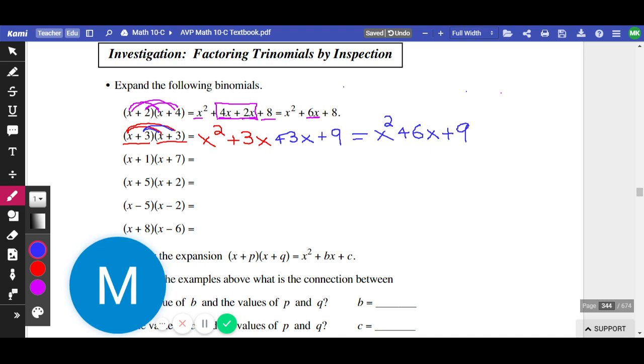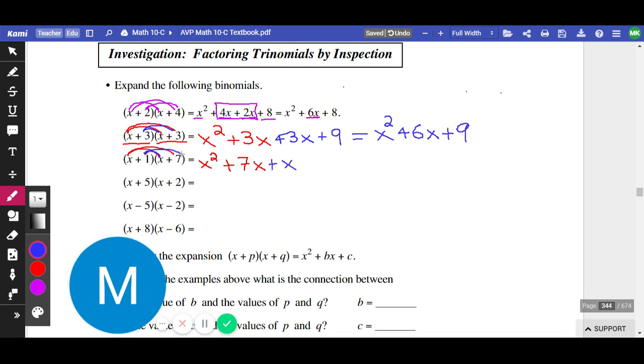So we have x plus 1 times x plus 7. If we multiply those 2 things together, we go x times x is x squared. X times 7 is plus 7x. 1 times x is plus 1x, which we just did plus x.